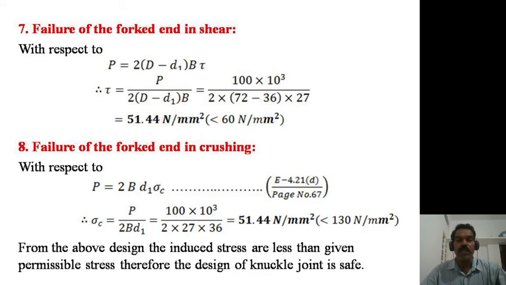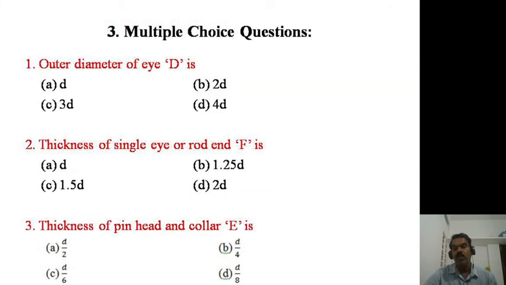Hence the design of the forked end in crushing is very safe. So from the above design, the induced stresses are less than the given permissible values. Therefore the design of the knuckle joint is safe. Okay, so now it completes the entire problem.